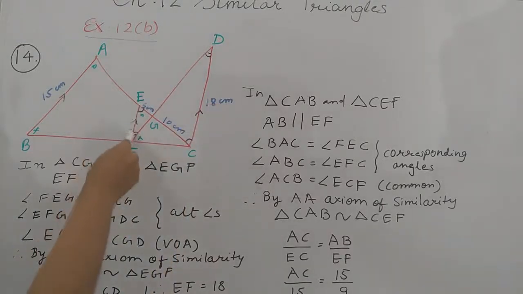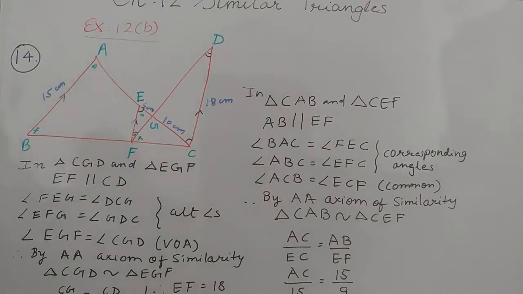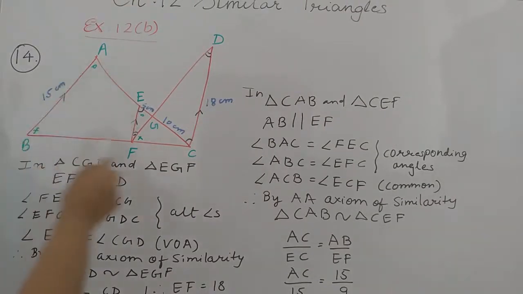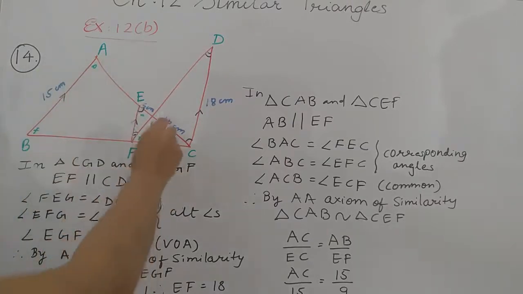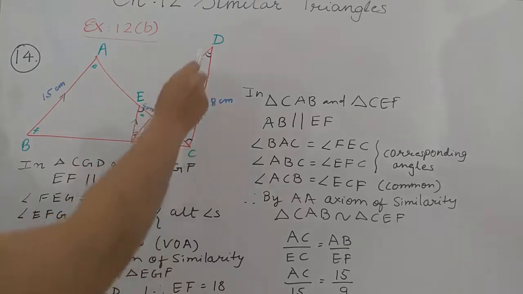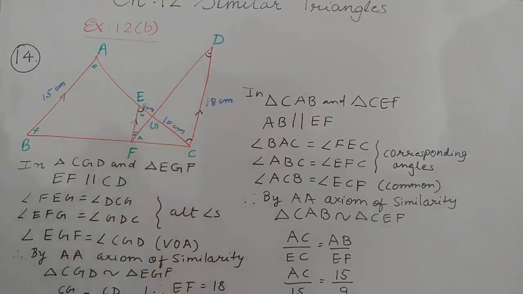Calculate EF and AC. So first of all we have one triangle ABC, the other triangles EFG and CGD and the EFC. So many triangles.